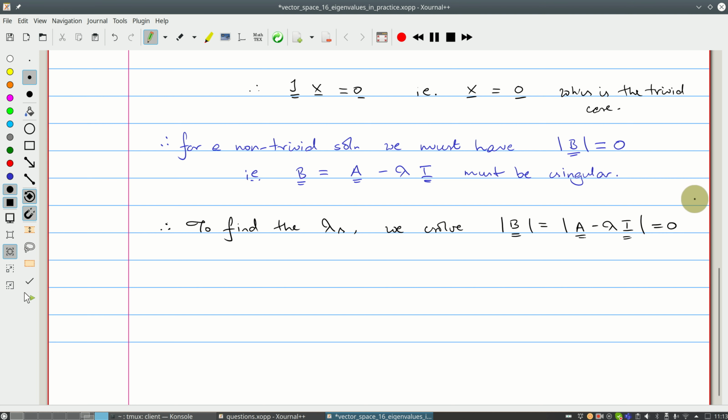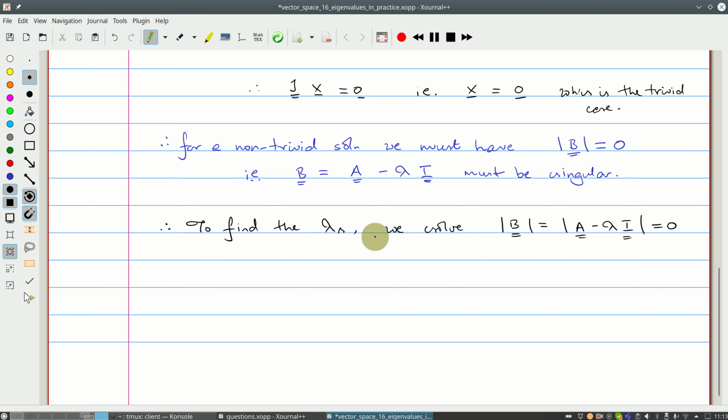Solve this equation, and for those values of lambda which give you this determinant to be 0, those will lead to the non-trivial solutions. Okay, so these lambdas will give you the non-trivial solutions.